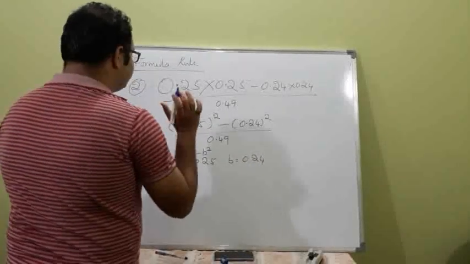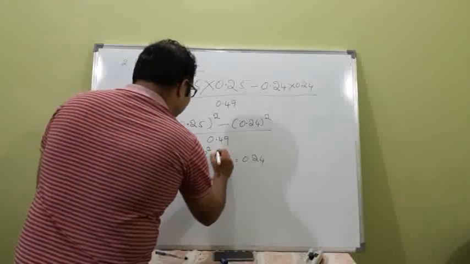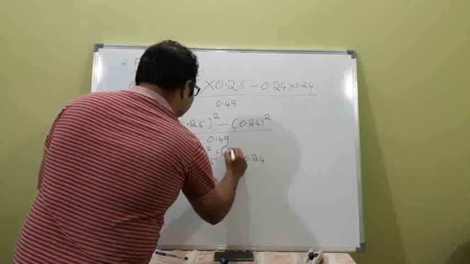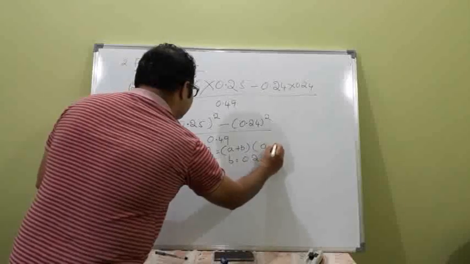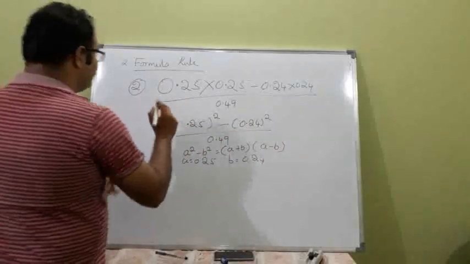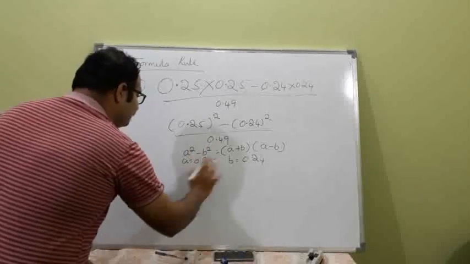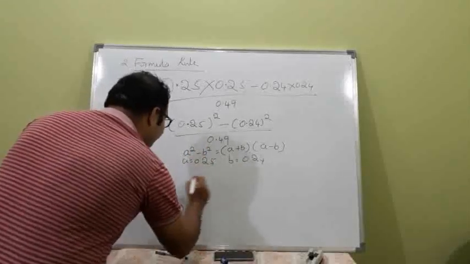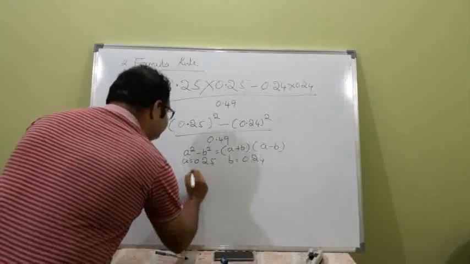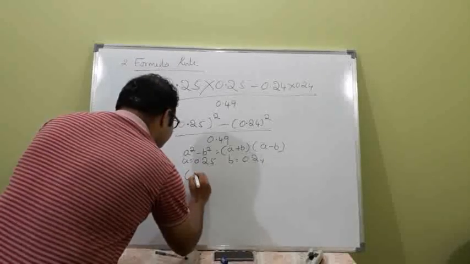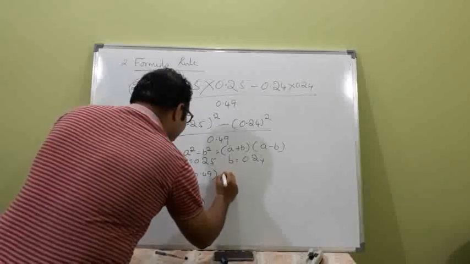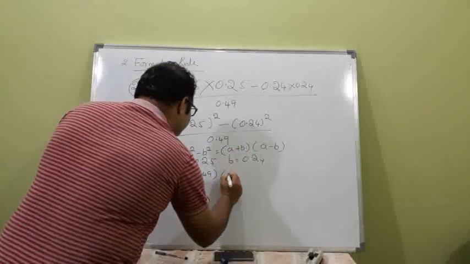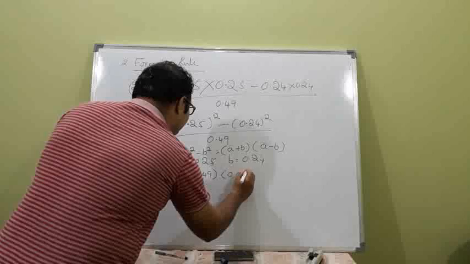A square minus b square is a plus b into a minus b. So a plus b becomes 0.49, a minus b becomes 0.01.